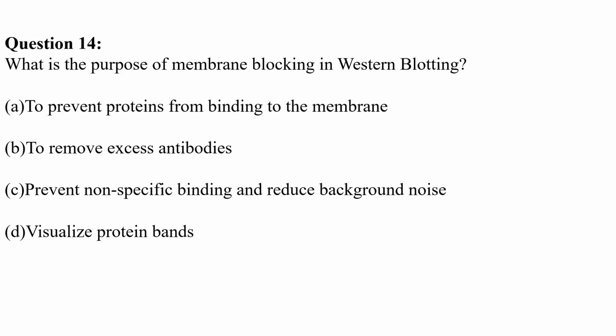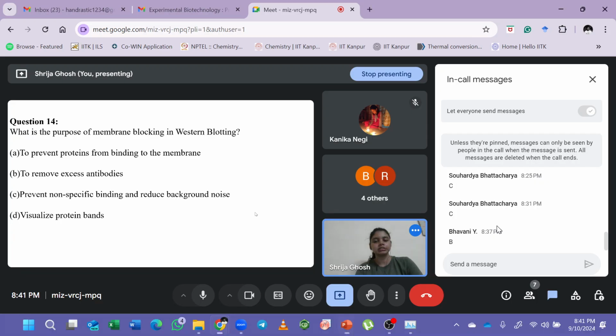And option D, visualize protein bands. Why do we do the blocking step in Western blotting?